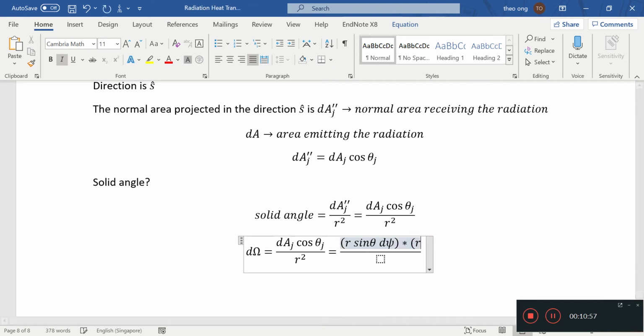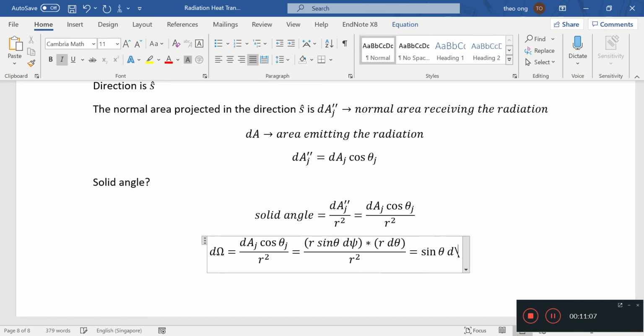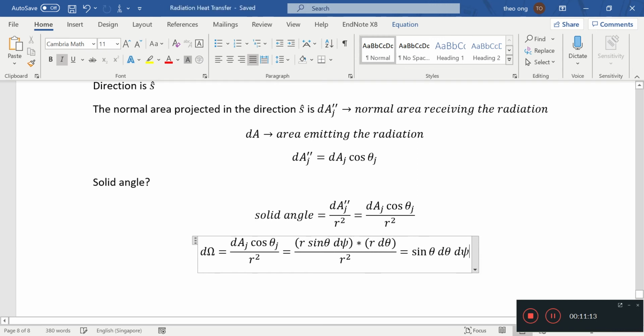So r d theta. So all in all, if you cancel the r's out, sine theta d theta d psi is what you will get. d omega equals sine theta d theta d psi. So this is how we describe the solid angle.